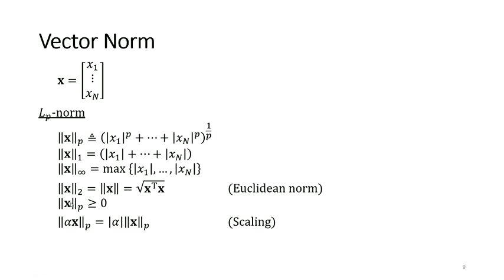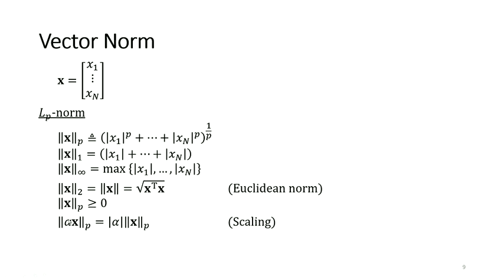You know the Euclidean norm. Euclidean norm is nothing but what we commonly know as the Euclidean distance. And if I don't have p specified in the subscript, then by default you will assume that it's the L2 norm, or Euclidean norm, and that's equal to the square root of x transpose x.